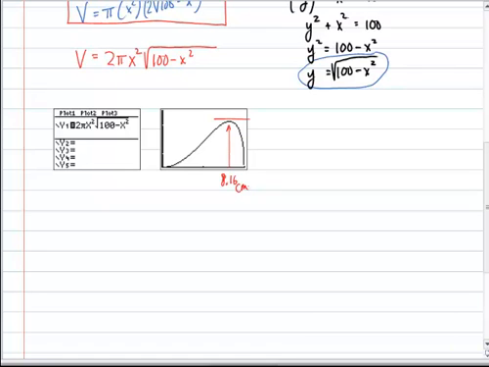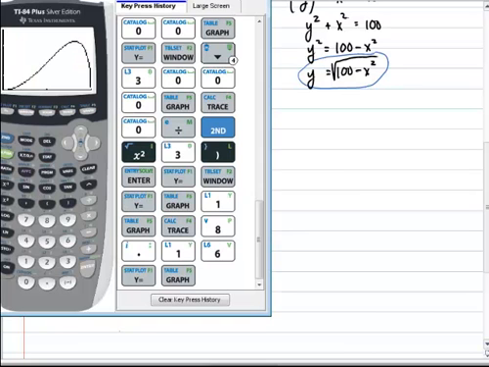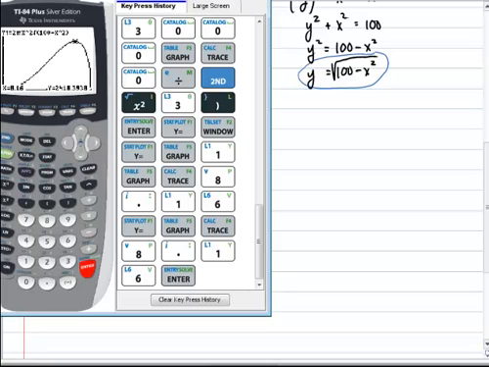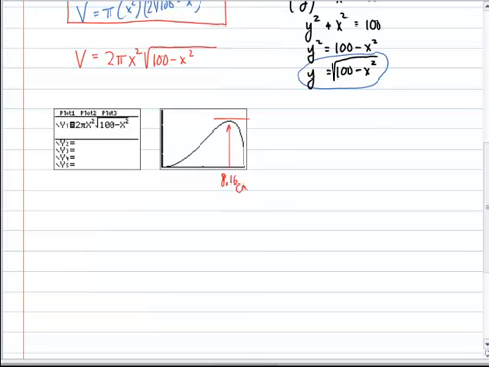And for the volume, let me look back at the calculator. If I do a trace and type in 8.16, it says that the volume is about 2,418 centimeters cubed.